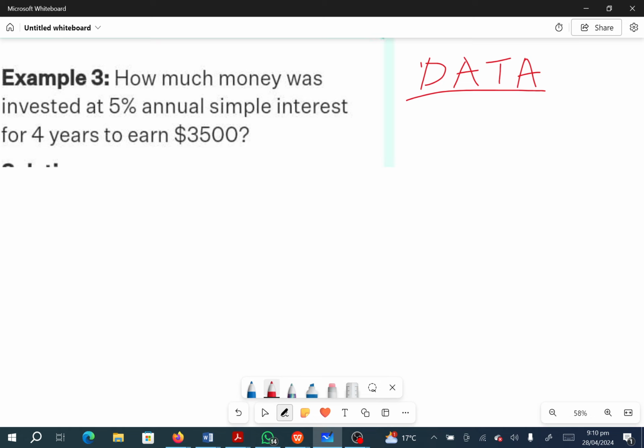We have been given our rate, so we say R is equal to 5%. Then we divide 5% by 100, so 5 over 100, then we get 0.05.